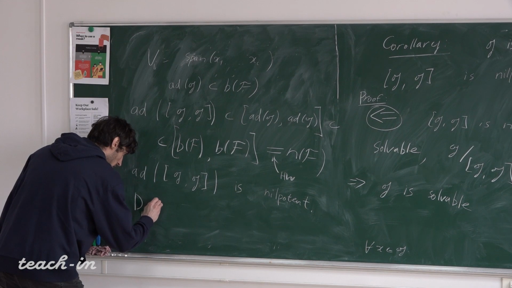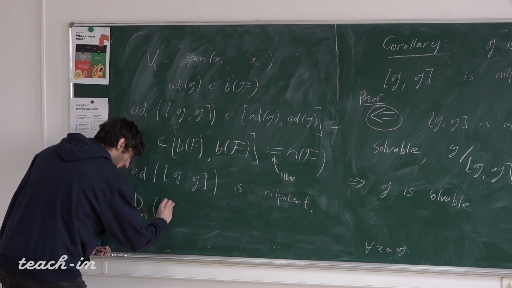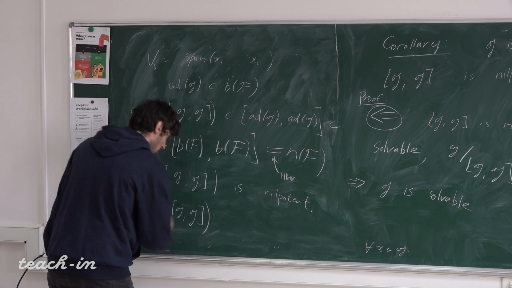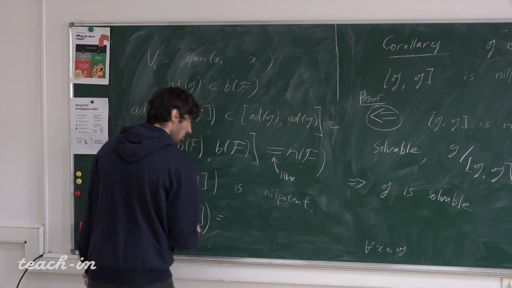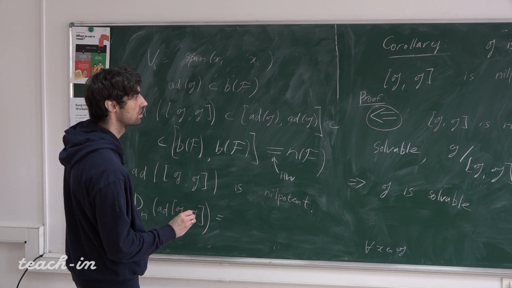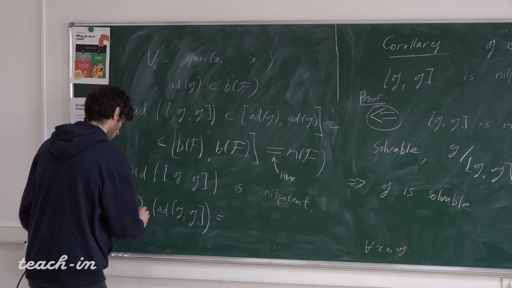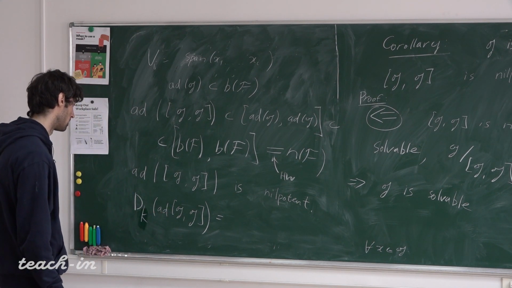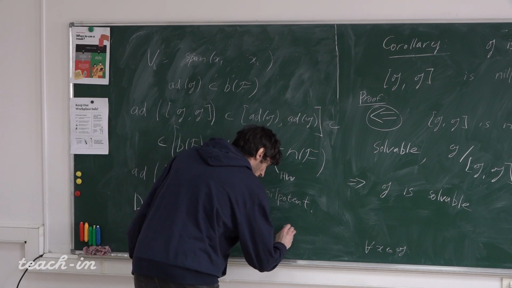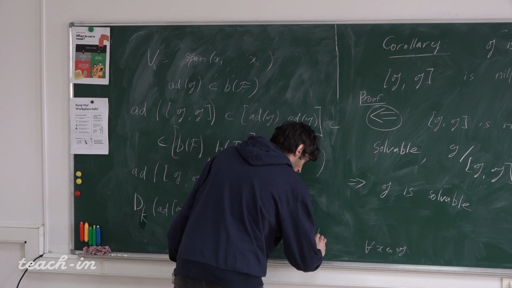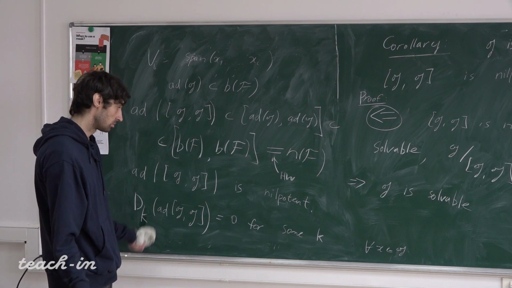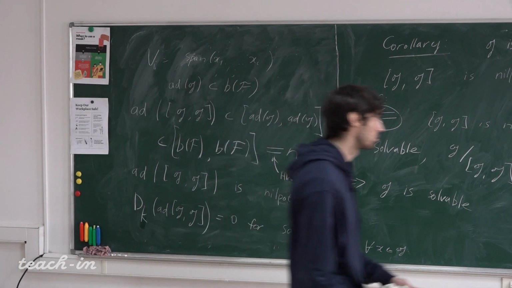It means that D^n of ad g equals, maybe n is not a good choice of letter here, let us change to k, is 0 for some k. I wrote that as the definition of nilpotency.